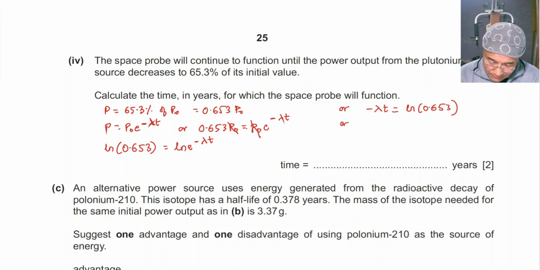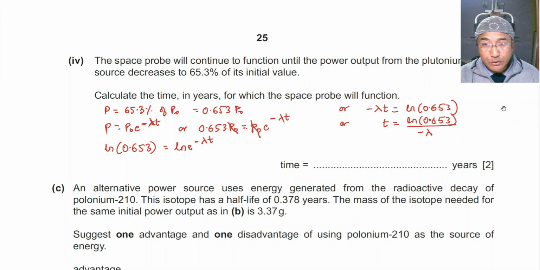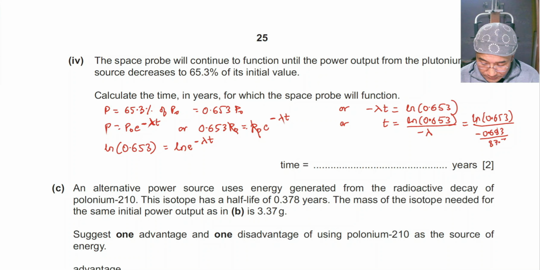So this gives us time is equal to ln 0.653 divided by minus lambda, and this lambda is equal to 0.693 by t 0.5, and that is 87.7 years.